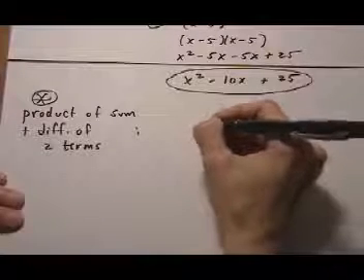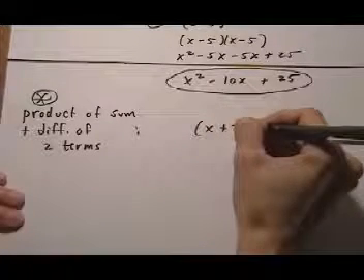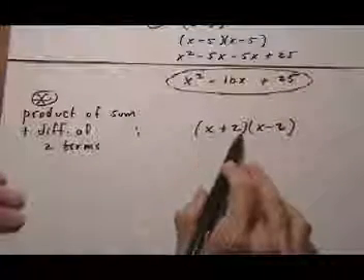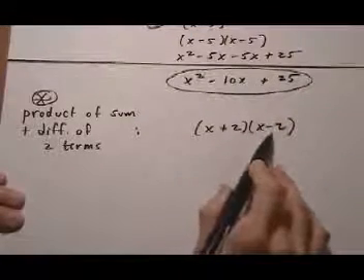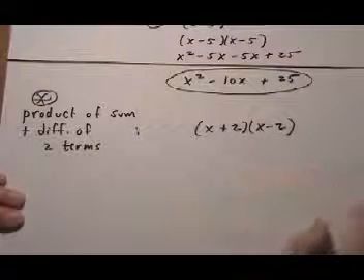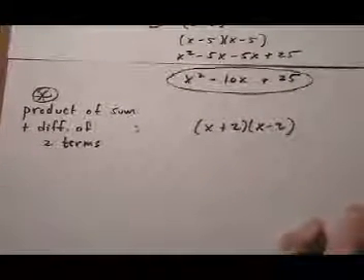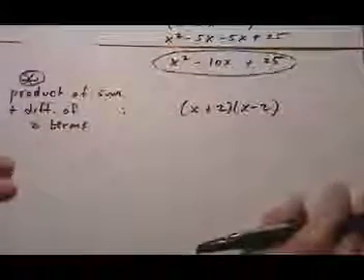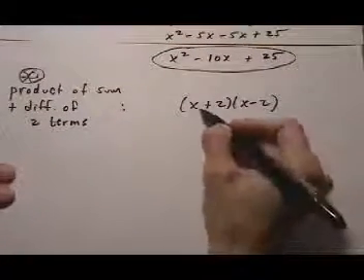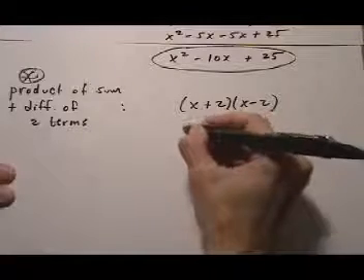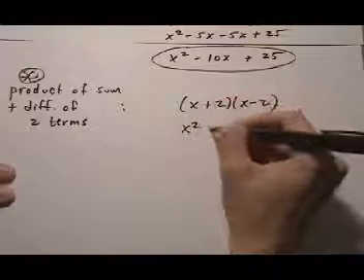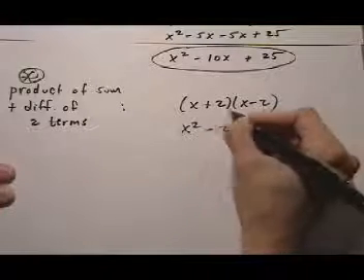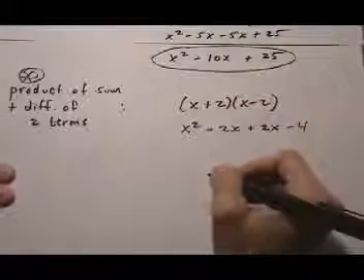Let's say we have x plus 2 times x minus 2. So what we have is the sum of two terms, x and 2, and the difference of two terms, and we're multiplying it together. So we have the product of a sum and difference of two terms. So let's go ahead and FOIL it out and see what happens. X times x is x squared minus 2x plus 2x minus 4.